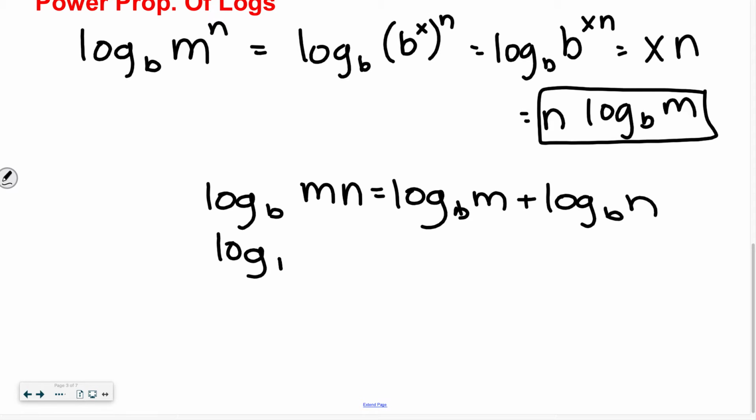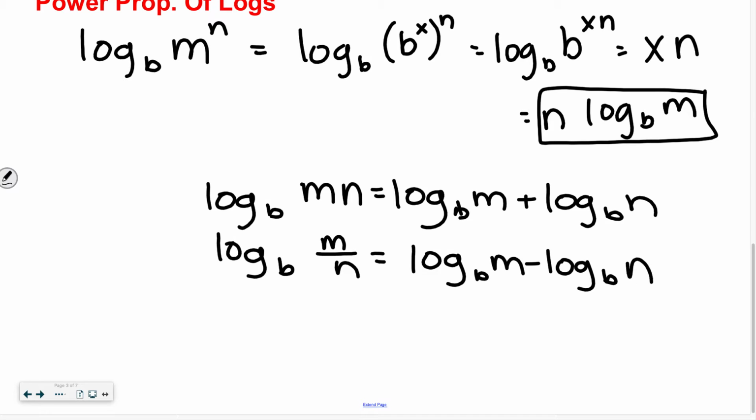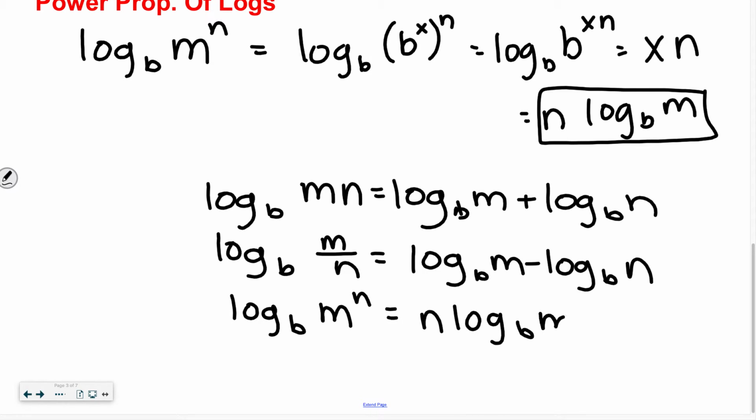Something like this. 3 properties. So 3 separate properties.